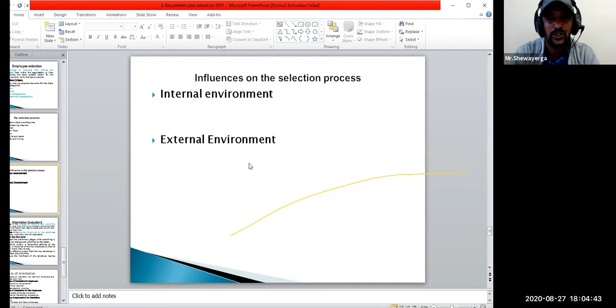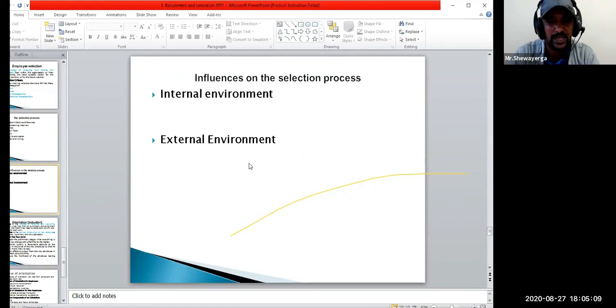Next we'll see the influences. Selection is affected or influenced by two major factors: internal environment and external environment. Internal environment includes human resource planning, selection procedure, policies, program agendas and strategies, and managers. All these are factors which influence the selection process.